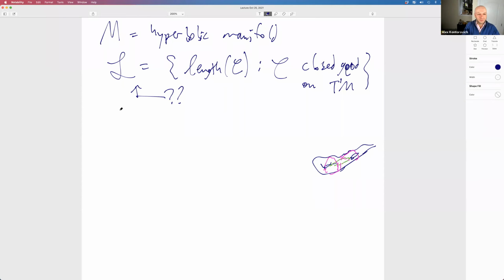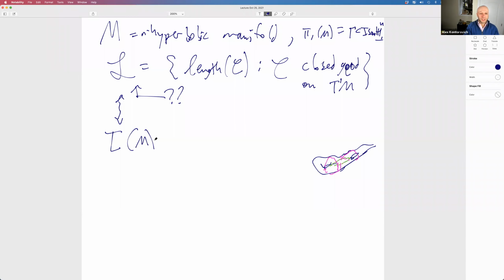As is pretty well known, the set of lengths is very closely related to the set of traces of the fundamental group. So let pi 1 of M be some group gamma, which is a discrete group of isometries of whatever the universal cover is, say an N manifold.